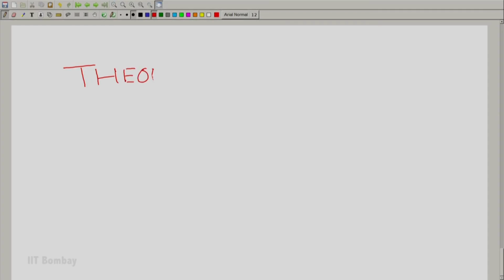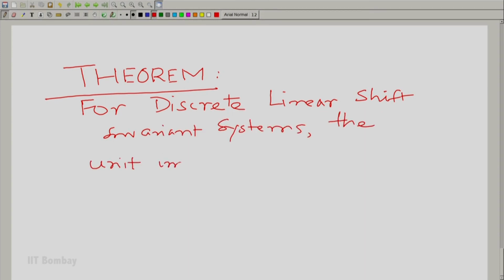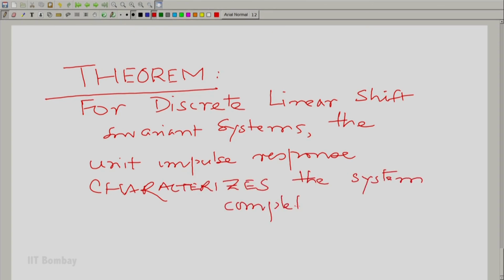In fact, now I am going to state a theorem straight away, which is very similar to the theorem that we had for continuous variable systems, and I am then going to prove it. I am going to state the following theorem: for discrete linear shift invariant systems, the unit impulse response characterizes the system completely.